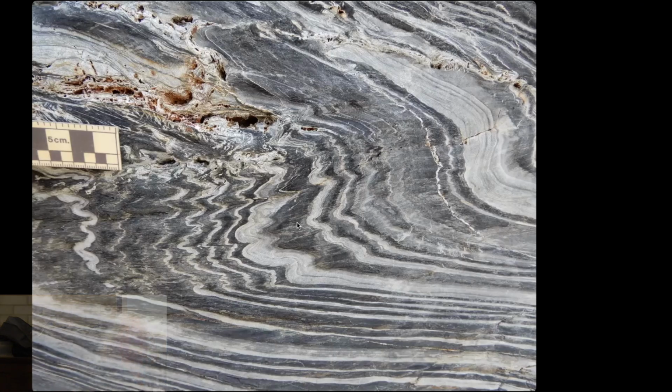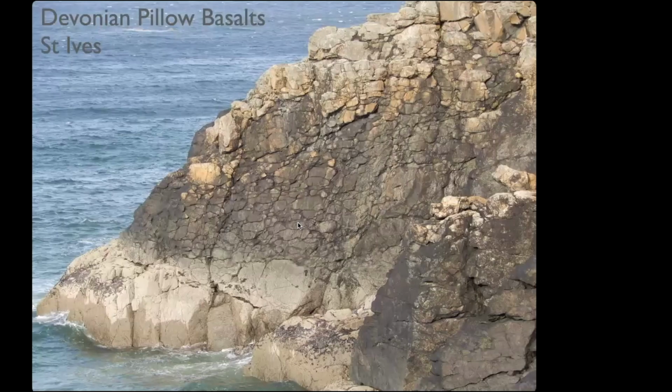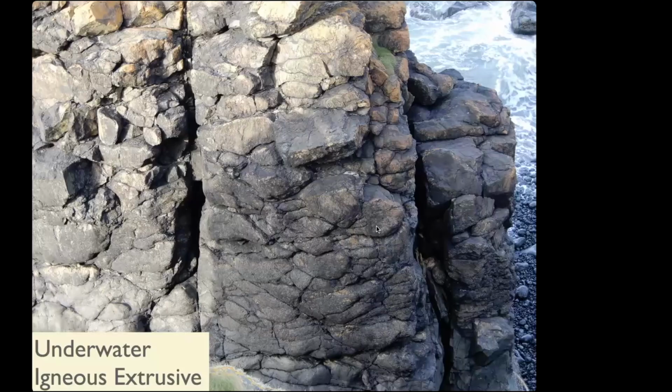Right, so Devonian sediments: the big thick sandstones, and then the slates and the thin silts and the rest. But there's one other Devonian marine facies, and that's basalts. Around St. Ives, you get these wonderful pillow basalts. If I just show you this, you can clearly see the pillow structure within these.